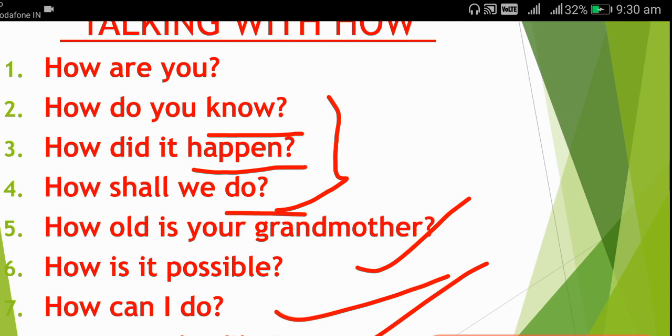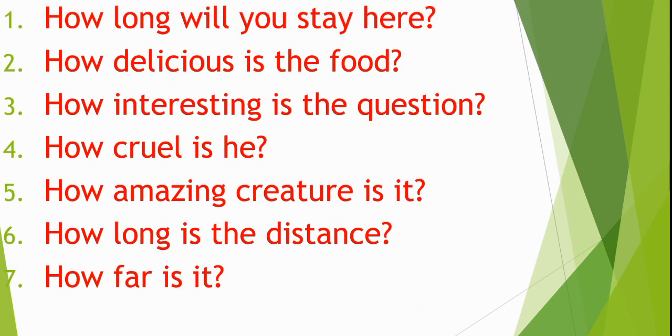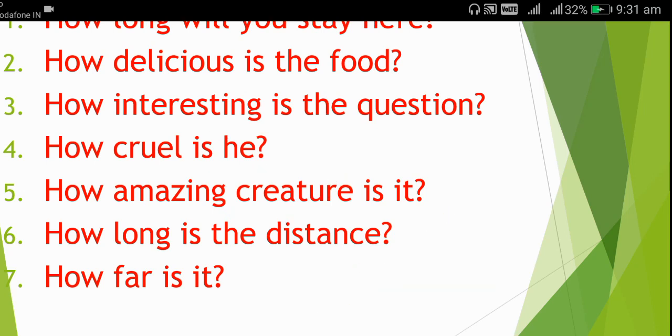Generally you chat with one another in English. So you use this kind of sentences to talk with one another. How long will you stay here? आप कितने समय तक यहाँ रुकोगे? How delicious is the food?